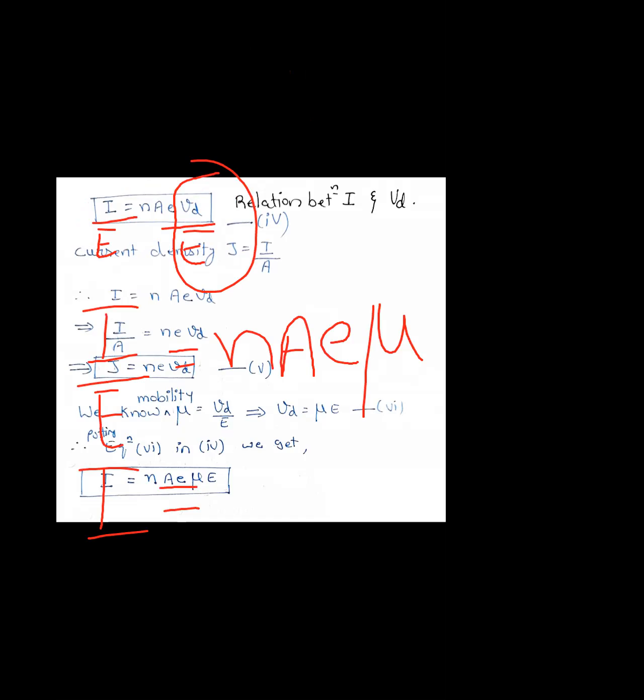So you are having now I equals NaEmuE. So this equation gives you the relation between the electric current and your mobility.